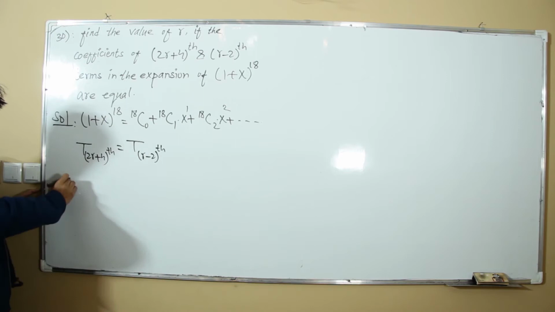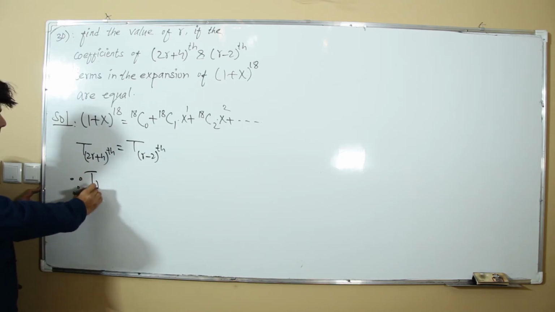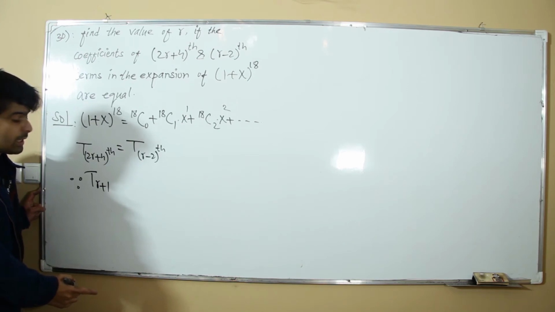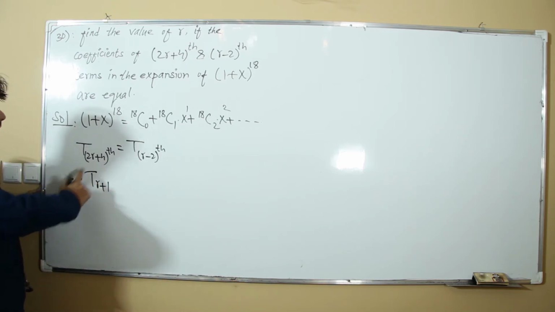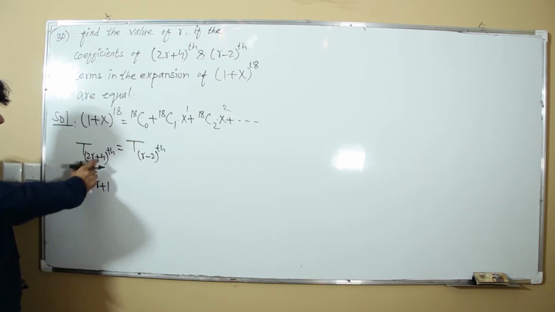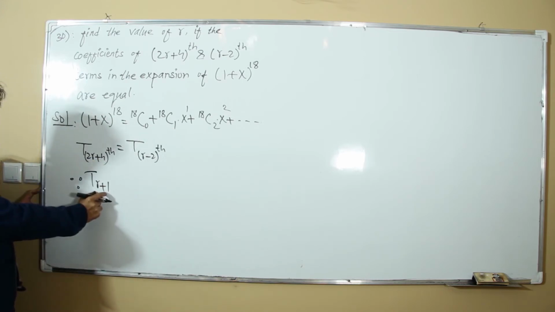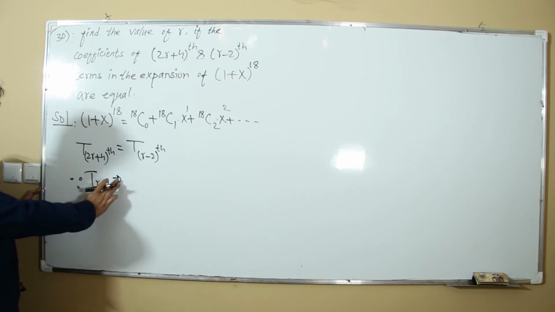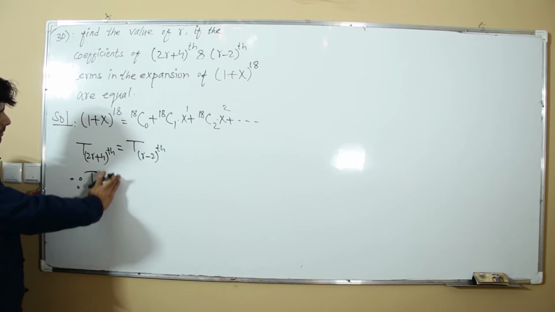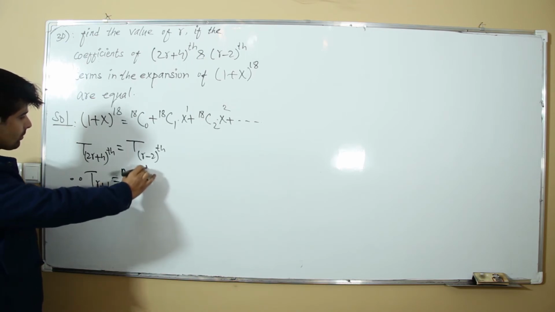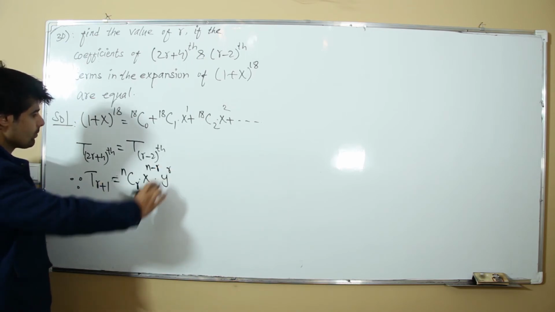But we know just the formula of tr plus 1. We don't know anything else. And here it's not r plus 1. It is 2r plus 4. So we have to convert this one like this one. I mean, can you write the formula for this one? Yes, it is. The formula for this one is nCr x to the power n minus r y raised to the power r.